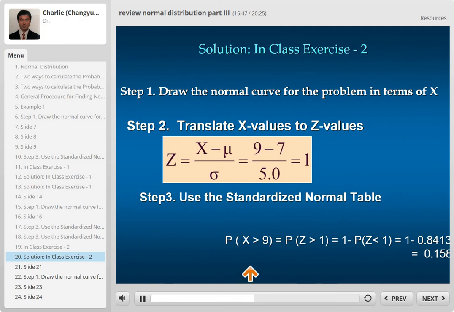The probability of x bigger than 9 equals the probability of z bigger than 1, which equals 1 minus the probability of z smaller than 1, which equals 1 minus 0.8413, equals 0.1587. This is actually the same as our example 2. So hopefully you feel comfortable with this now.